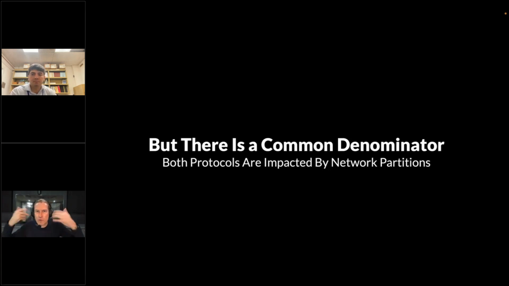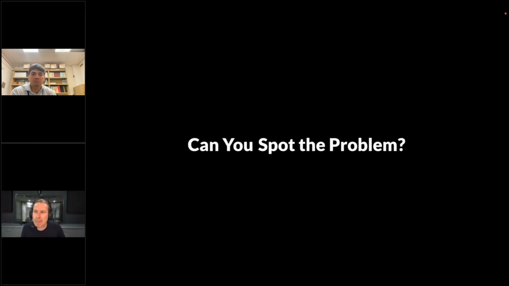So consensus is really designed to give you consistency, to be highly available in the face of network partitions. And this is now where we're getting to the problem. I don't know if you can spot it. So clock sync is important, consensus is important, consensus is highly available in the face of network partitions. Clock sync is also vulnerable to network partitions. I'm just treating clock sync here as a black box.